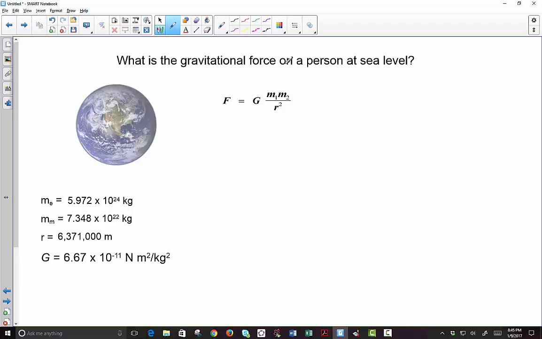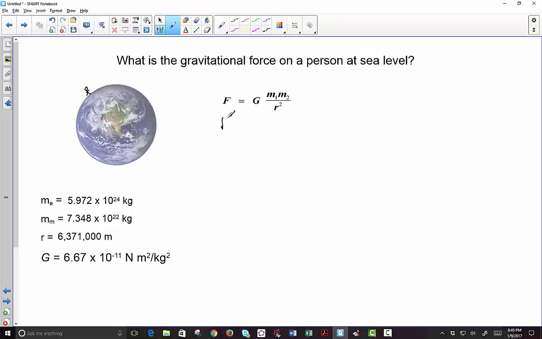What's the gravitational force of a person that's standing at sea level? If you were just standing somewhere on sea level, what's the force that the Earth is exerting on you? And I know you're going to want to say 9.8, but remember 9.8 is the acceleration due to gravity, not the force. But we can calculate it.